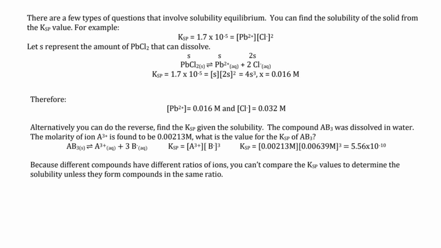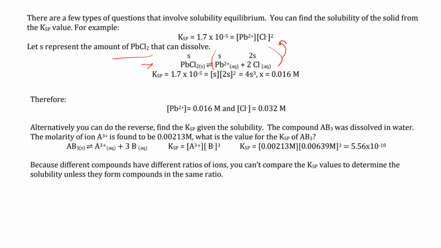How do we represent the amount of lead 2 chloride that can dissolve? We look at our balanced equation and see the mole ratio 1, 1, 2. Since we're only focused on this part, in our expression it's only going to be the lead ions times the chloride ions squared.